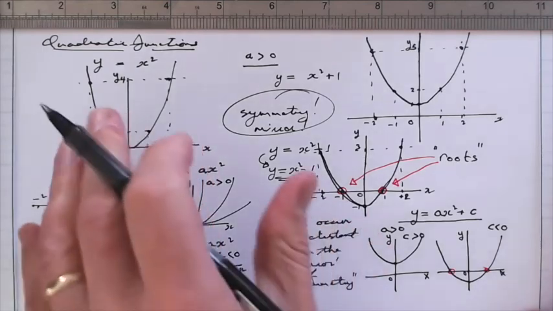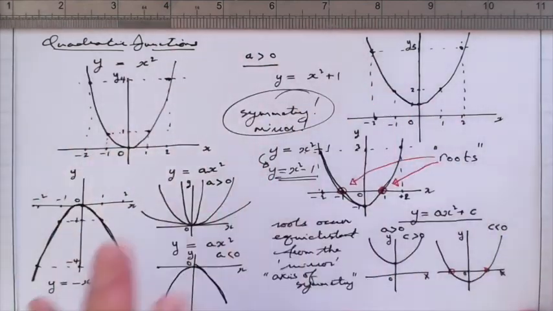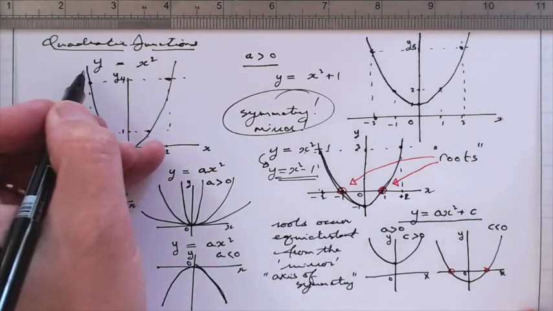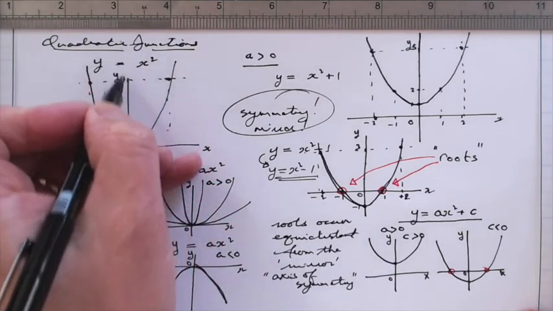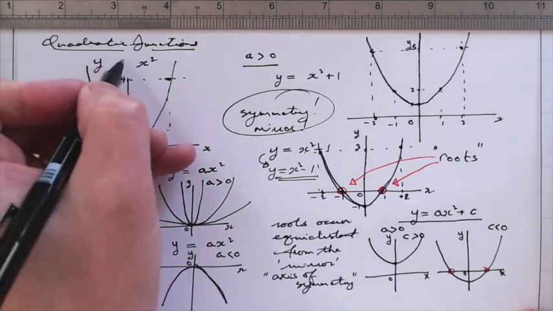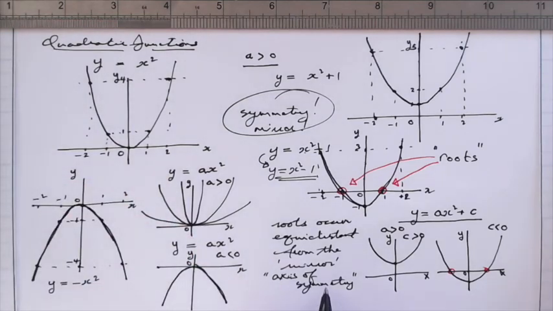So just by looking at really simple examples like we've done here and just sketching them, we've actually brought out all of the main concepts in this topic of quadratic functions. The main concepts are that all parabolas will be symmetric about a line, an axis, which we can call the axis of symmetry.